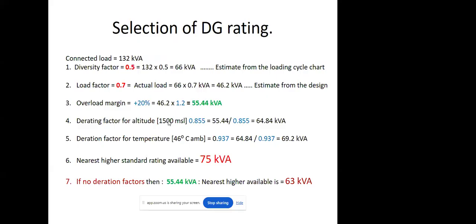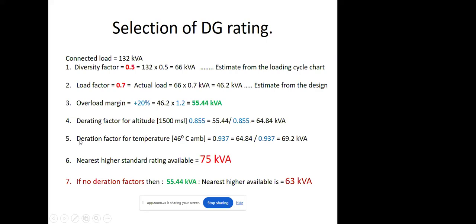Up to 1000 meters mean sea level, no derating is required, because at sea level or up to 1000 meters, air is sufficient for combustion of the fuel in the engine. As the altitude is increased, the derating is applied. So as per the chart, I will show you the chart. As per the chart, derating at 1500 is 0.855. So 55 kVA divided by 0.855 comes to 64 kVA.